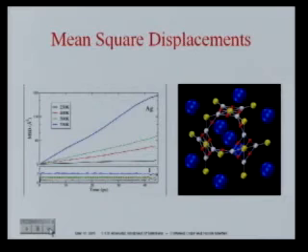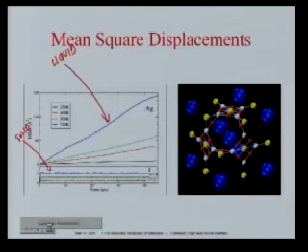They are diffusing away as a liquid. And so in the mean square displacement, you can see the signature of a liquid when it increases linearly with time, or you can see the signature of a solid where the atoms are not going anywhere. They just vibrate around their equilibrium position.